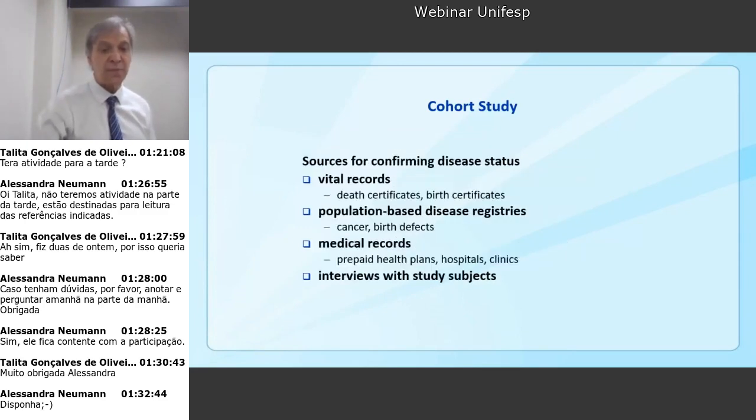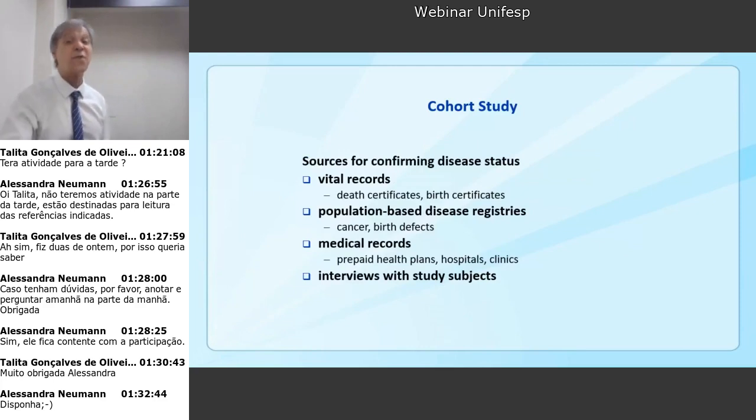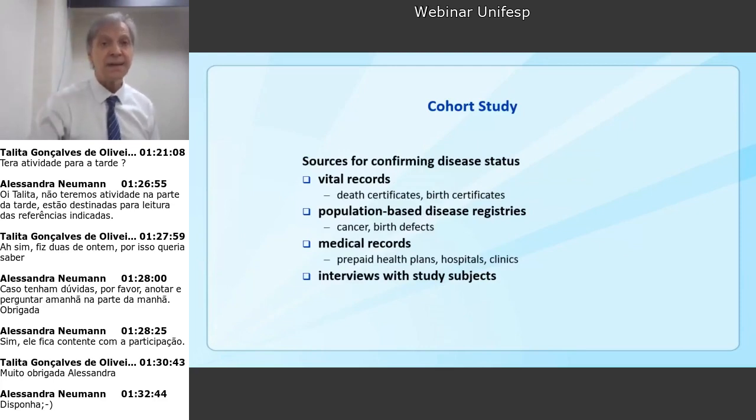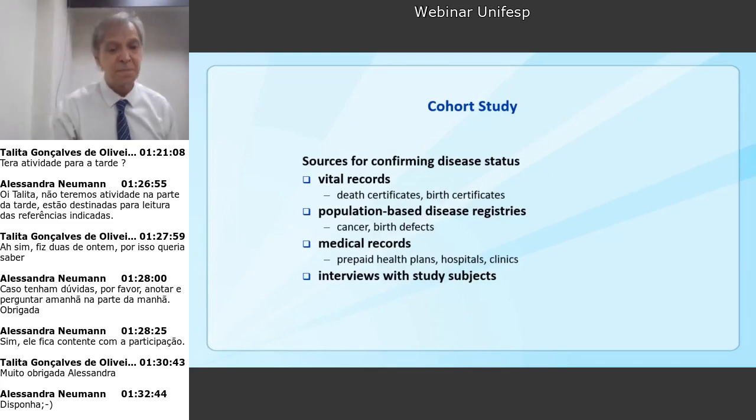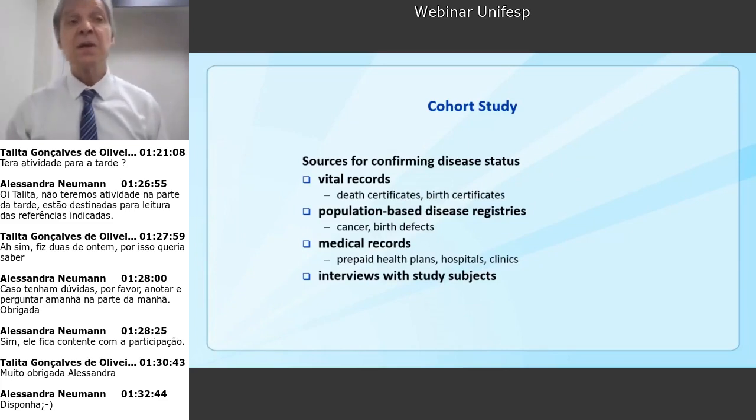That's also follow-up information, which is a little different. This is how you confirm the disease status. You could observe them and ask a proxy, see if they disappear. But usually in America, you go to vital records. If your ultimate endpoint is death, it's easy. With the death certificate, you have 100% of people there. There's no exception. Here it's complicated.